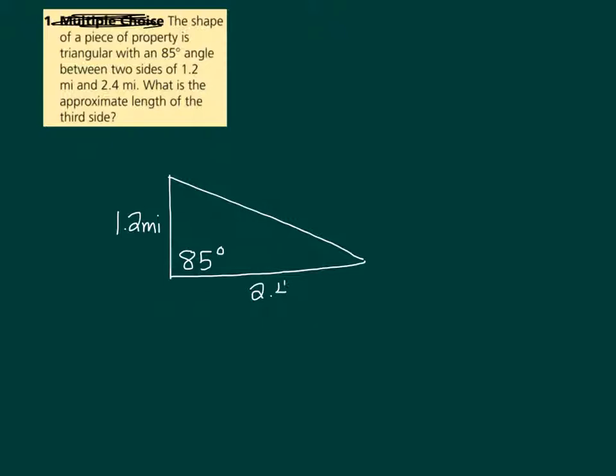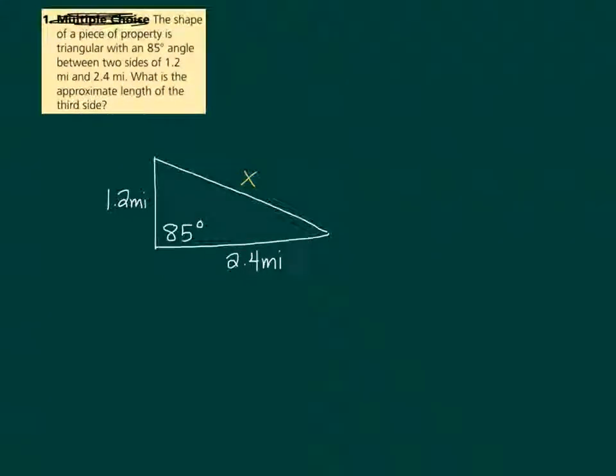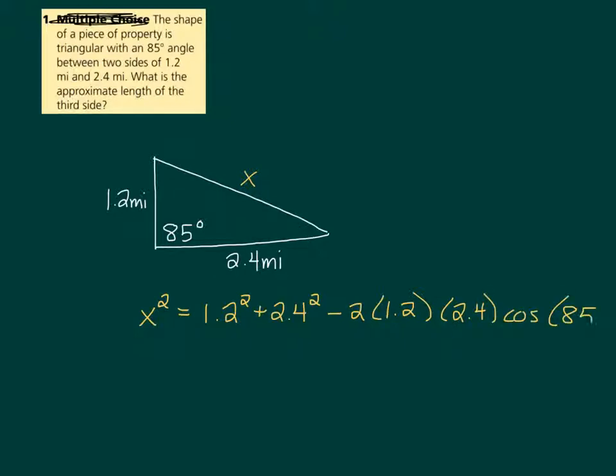We have 2.4 miles. We are looking for the length of the opposite side here. The law of cosines says we have x squared equals 1.2 squared plus 2.4 squared minus 2 times 1.2 times 2.4 times the cosine of 85.